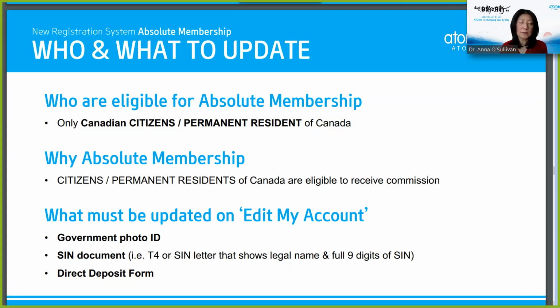The address can be different because addresses can change frequently, but your name and the SIN number have to be on that document. So it could be a T4 slip, it could be a pay stub with your name and your SIN number on it, or it could be your income tax return or form. And the third thing that's required is your banking information, a direct deposit form or a picture of your check if you use checks. So those are the 3 things that need to be uploaded.